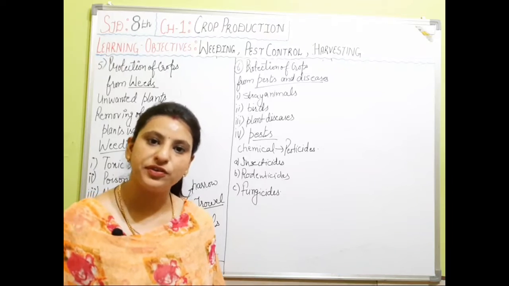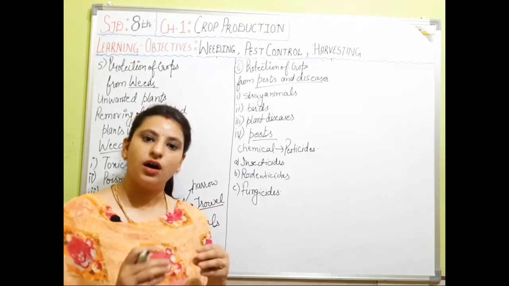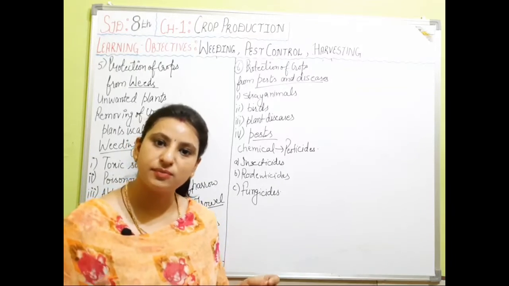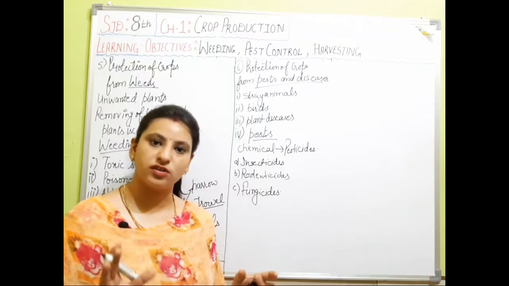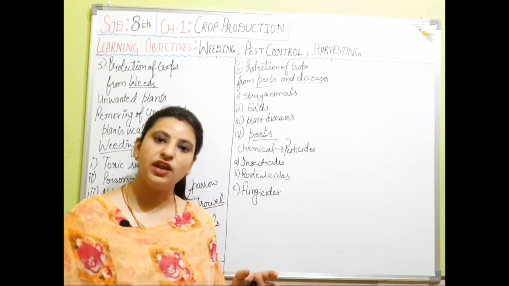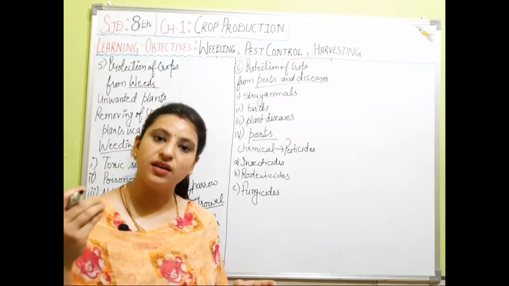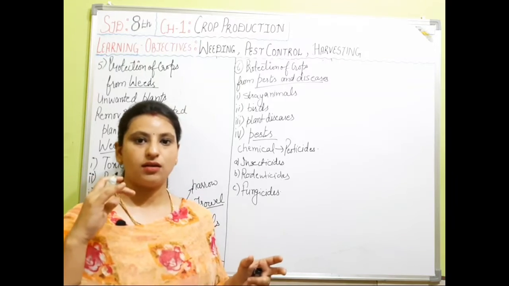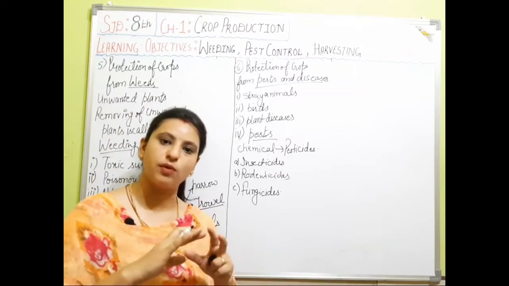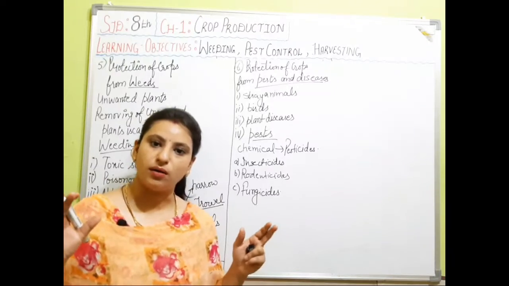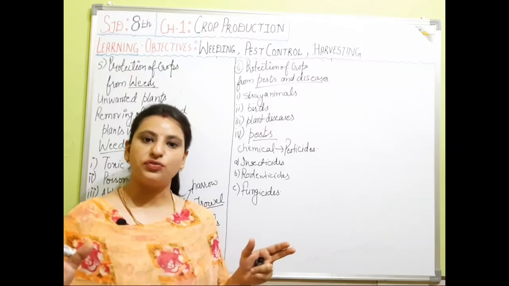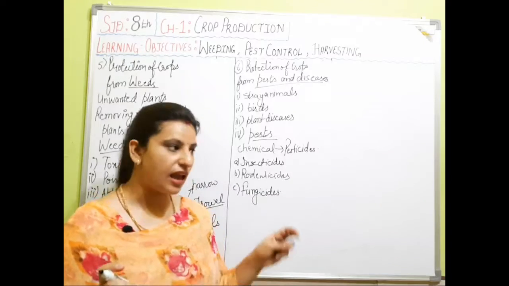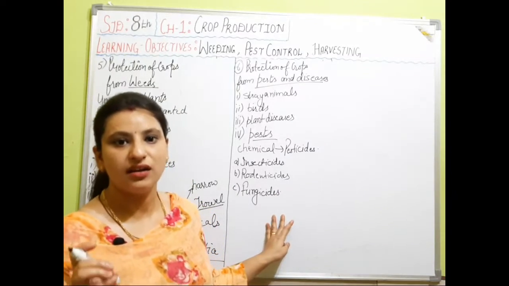But in large crop fields, we need a large amount of pesticides, and we can't use a simple hand sprayer. We have to go for big, low level aircraft, which spray the pesticides over a very big and large field, and it is practiced in those areas where agriculture is set up as an industry.